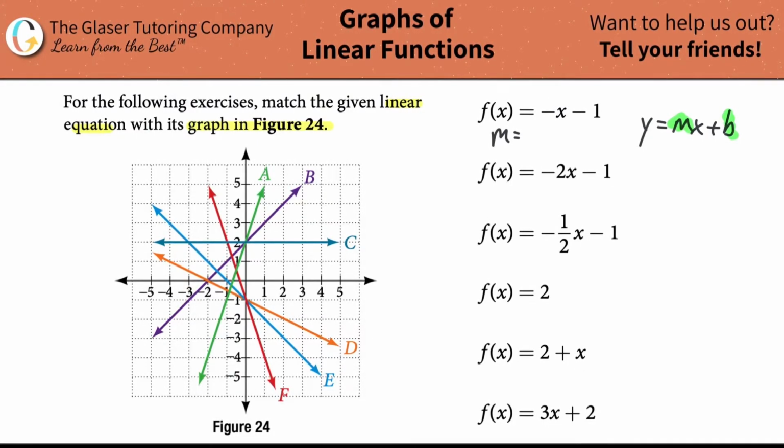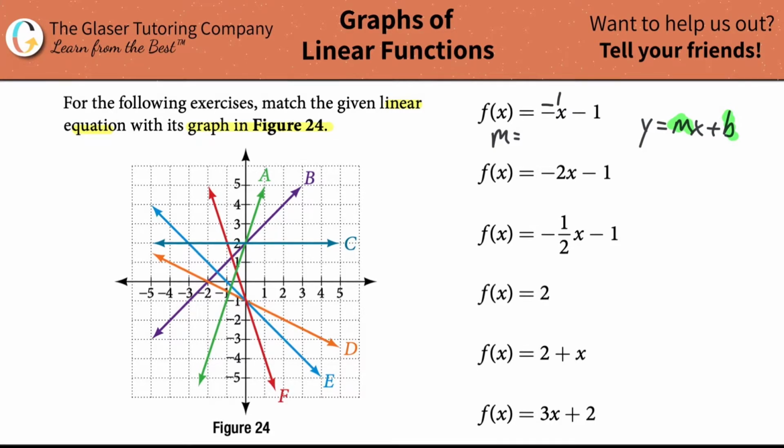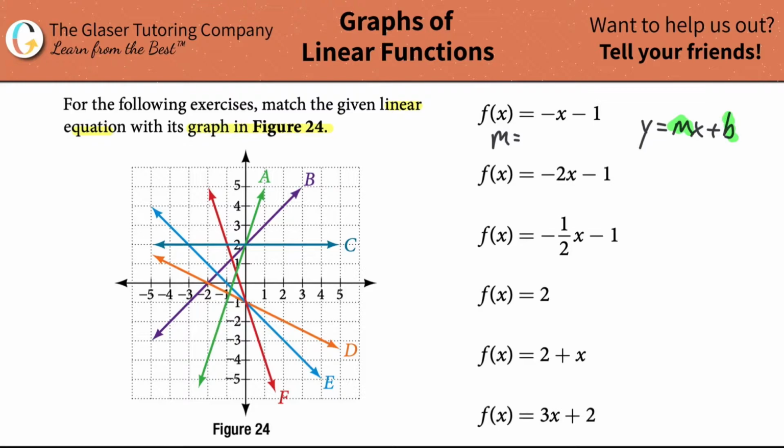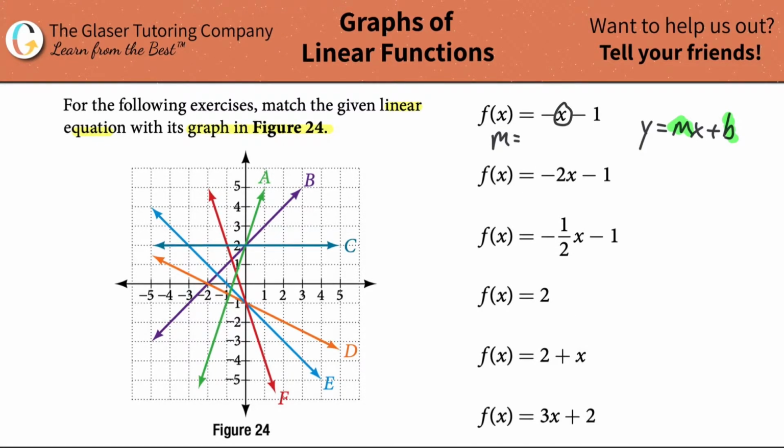It has to be 1, because the negative sign is part of the slope, not part of the x. So it's simply going to be -1. If I were to rewrite this and say -1x, isn't that the same as just saying negative x? So that's how I know the slope is -1.